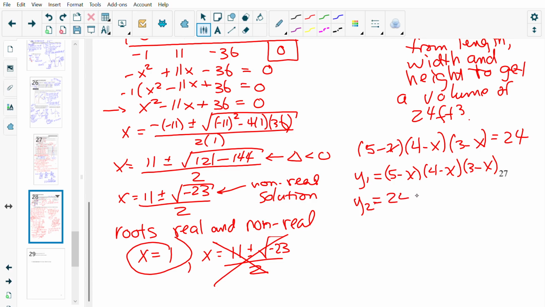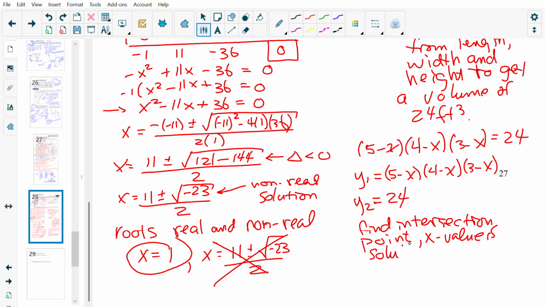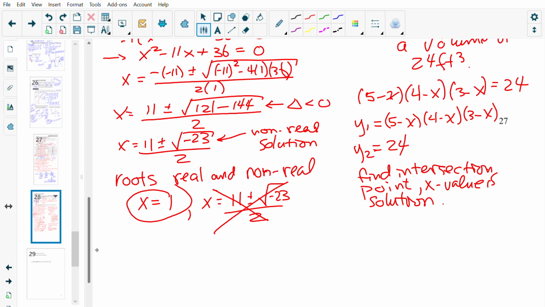And then y2 is just a horizontal line, y2 equals 24. Okay, find the intersection point, x value is the solution.